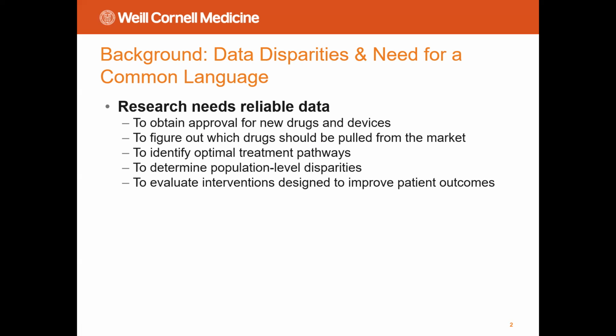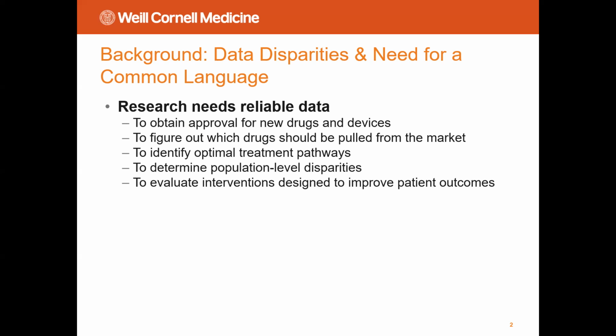You can get approval for new drugs and new devices. Sometimes pharmaceutical companies need to do surveillance to figure out whether drugs are effective. The FDA also engages in large-scale research of drugs to see which are safe, unsafe, or need to be pulled from the market. And ultimately, researchers here at Weill Cornell use this data to figure out the best ways to take care of patients.